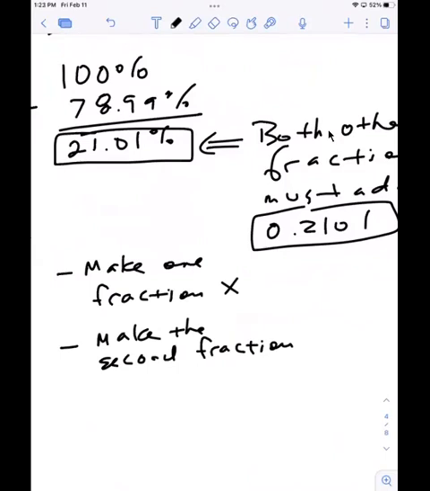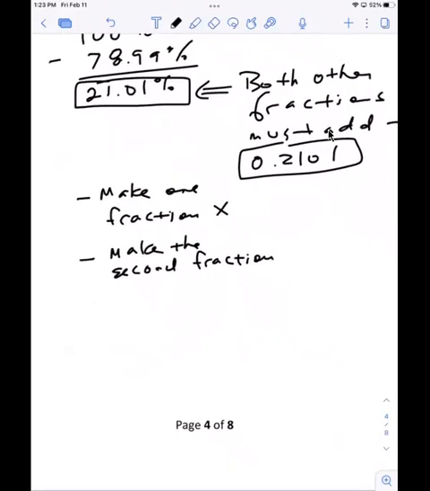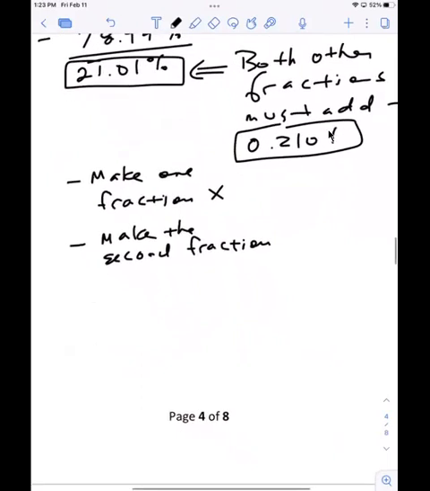If one is x, and we know the total that the two have to add to, what would the second fraction be? Wouldn't it be the total minus x to give me the second fraction?